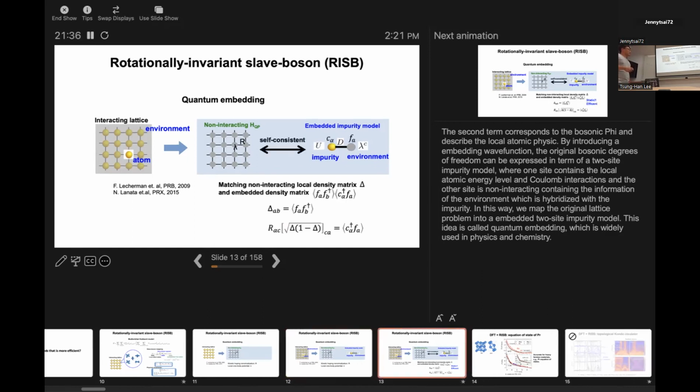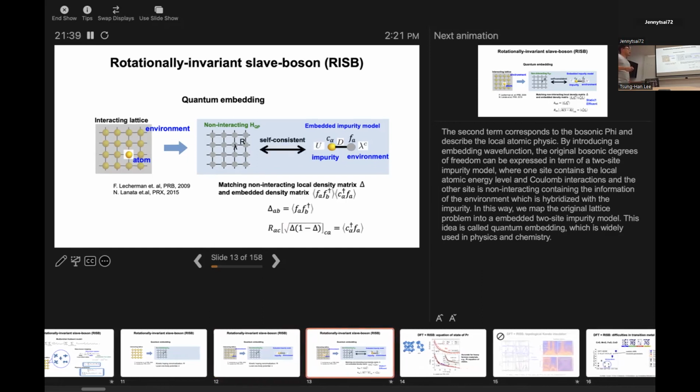The self-consistency condition in our RISB approach is that we have to match the density matrix of this non-interacting Hamiltonian and the density matrix of this quantum impurity dimer. Here delta is the local density matrix of the non-interacting Hamiltonian, and it has to be related to the density matrix of the impurity atom, and also to the hybridization between the impurity atom and the environment atom.